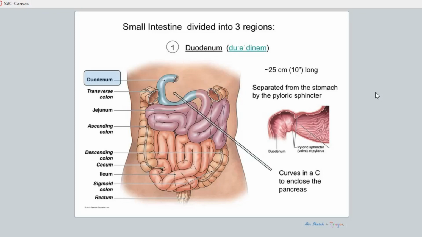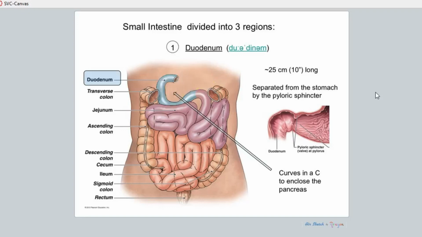Now something I wish was on here that happens to be a handy identification marker is the pancreas. So this duodenum is in a C, and the head of the pancreas sits right in the C of that duodenum, and then the pancreas is kind of tadpole shaped, something like that. But that's where the pancreas sits. And this is handy for a couple reasons.